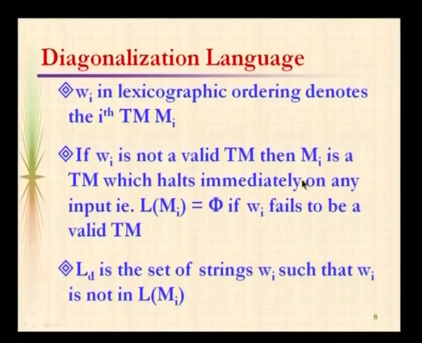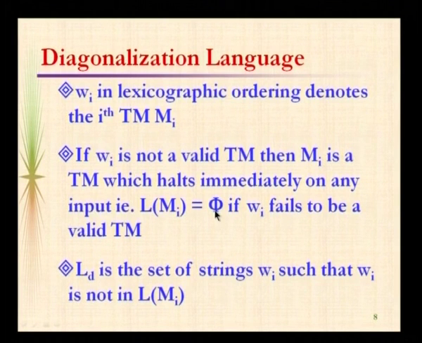It is a Turing machine, but the interpretation given for it is that it is a machine with no language. So, if Wi is not a valid Turing machine, then Mi is expected to be a Turing machine that immediately halts on any input. That means the language of the Turing machine is always empty.